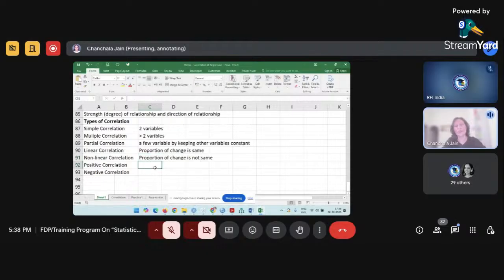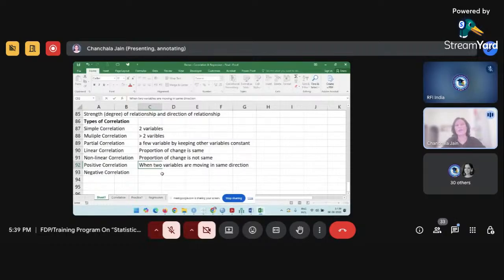You are changing one variable by 1 unit, the other variable is changing by some other unit, maybe 2 units, half unit, 1/4 unit, something like that. That is known as non-linear correlation. Positive correlation meaning is when two variables are moving in the same direction.